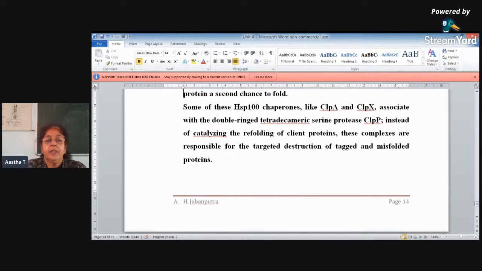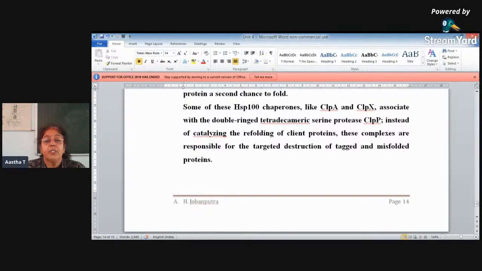Some of these HSP100 chaperones like CLPA and CLPX associate with a double ring tetradecameric serine protease known as CLPP, instead of catalyzing the refolding of client proteins.